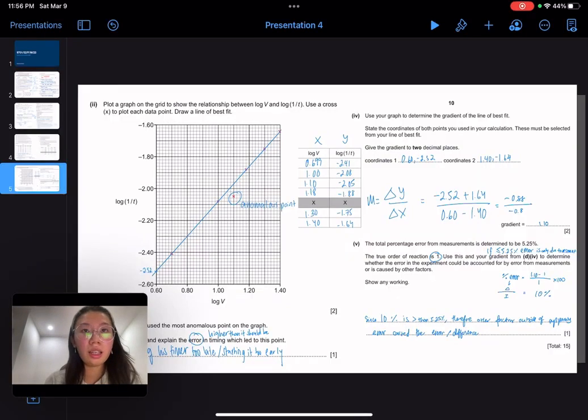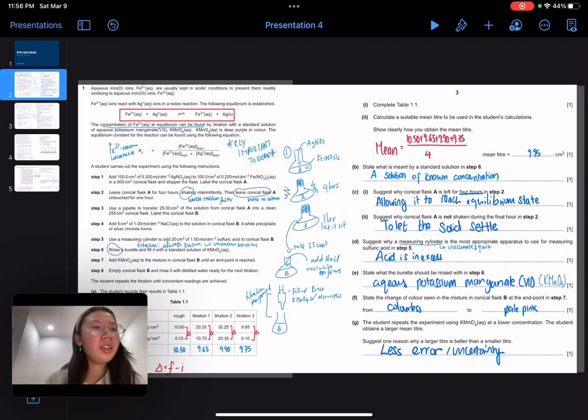Alright, that sums up this paper. It's a fairly short paper. Overall, it wasn't too bad except for the first part where you might get shocked, especially with the equilibrium. The answer itself makes a lot of sense, but when we're first exposed to it, we're not used to this style of asking.